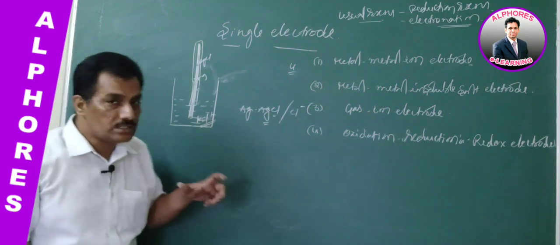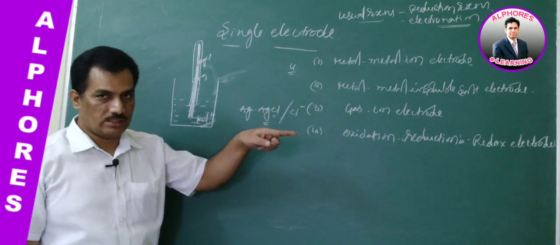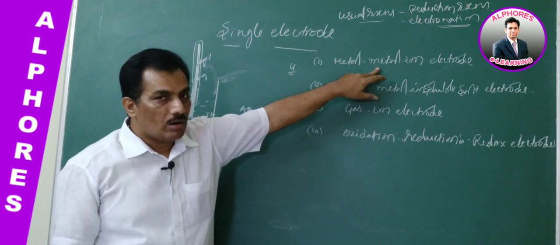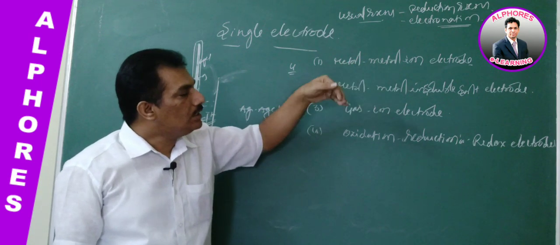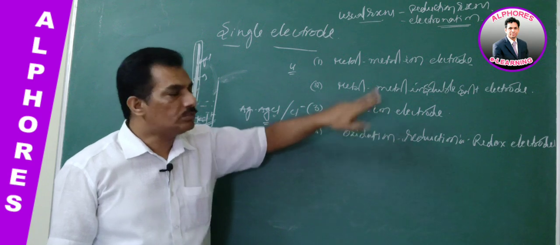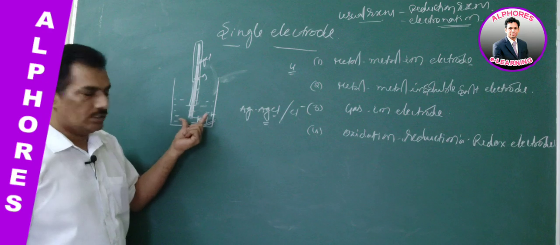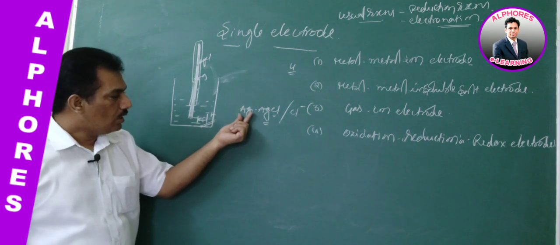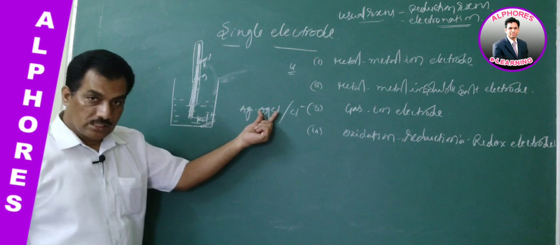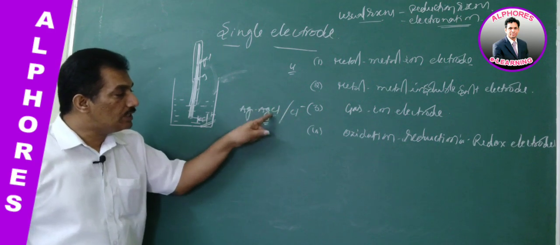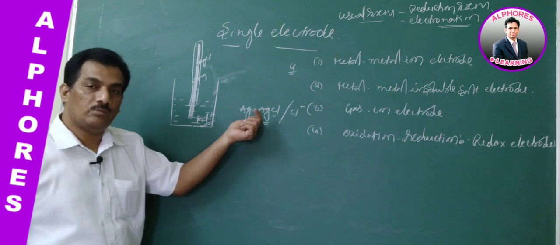It need not be AgCl, unlike the previous case. In the previous case, what we are considering, metal and common ion, is nothing but the metal in its salt solution, and that salt solution possesses this metal in cationic form. But here it need not be like that. When a metal rod is covered with a sparingly soluble salt, that solution should possess a common ion with the anionic part of the sparingly soluble salt.